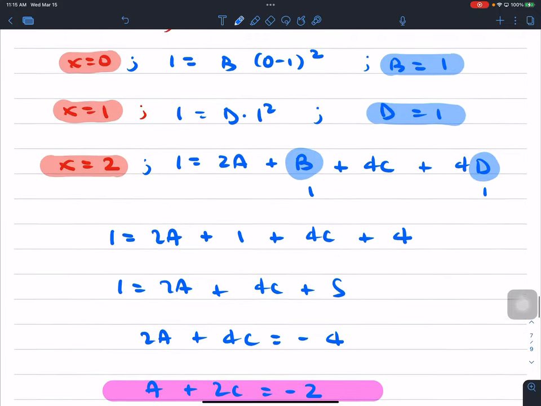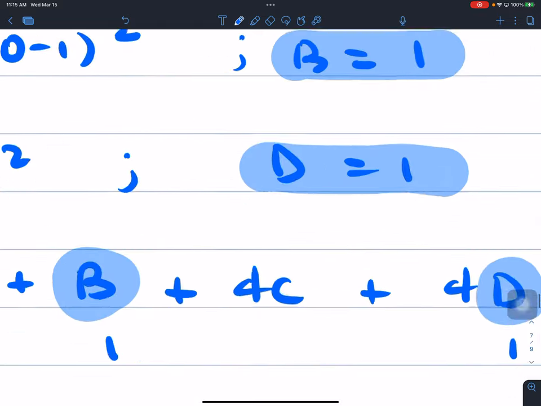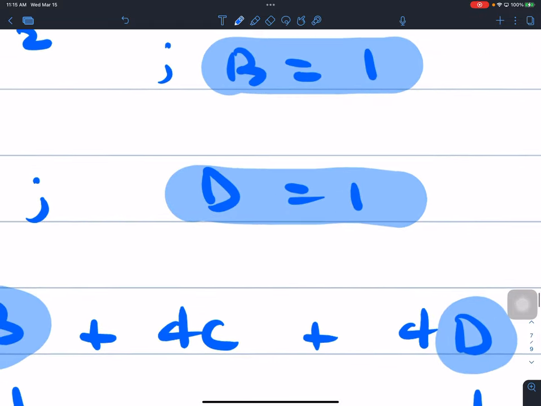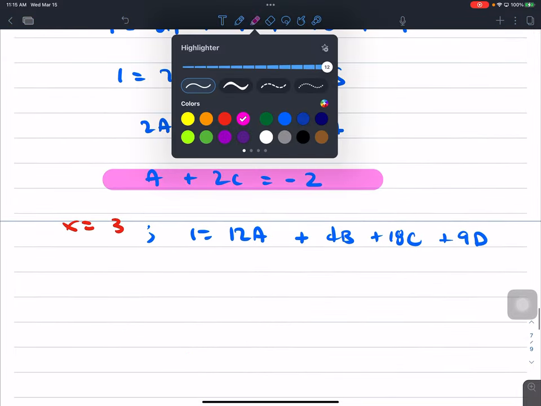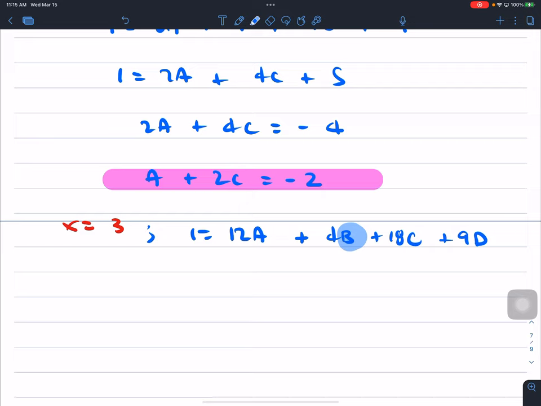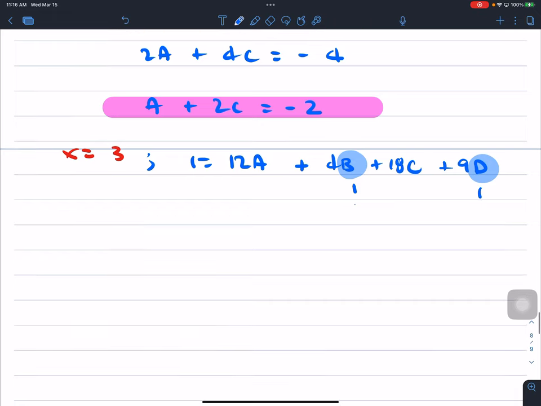Now, what do you think you guys want to do again? Let B be 1 and let D be 1. Do you guys know why? Why do you want to let those things be 1, B and D? What you're going to get now here, if these things are 1, you're going to get another equation in terms of A and C. 1 is 12A plus 4 plus 18C plus 9. 12A plus 18C.